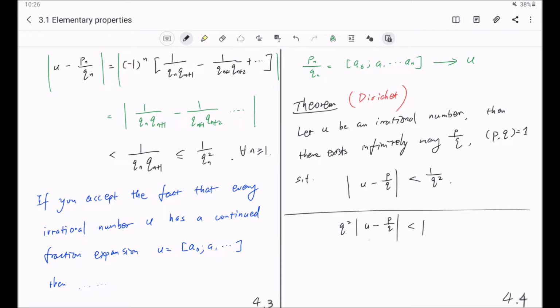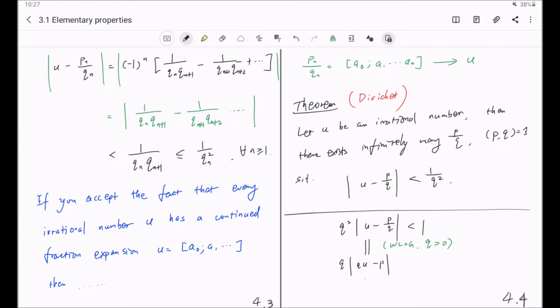And this left hand side can be written as q times the absolute value of qu minus p. And here we assumed without loss of generality that q is positive. Otherwise, you just change the sign of the numerator p. And now what is this?